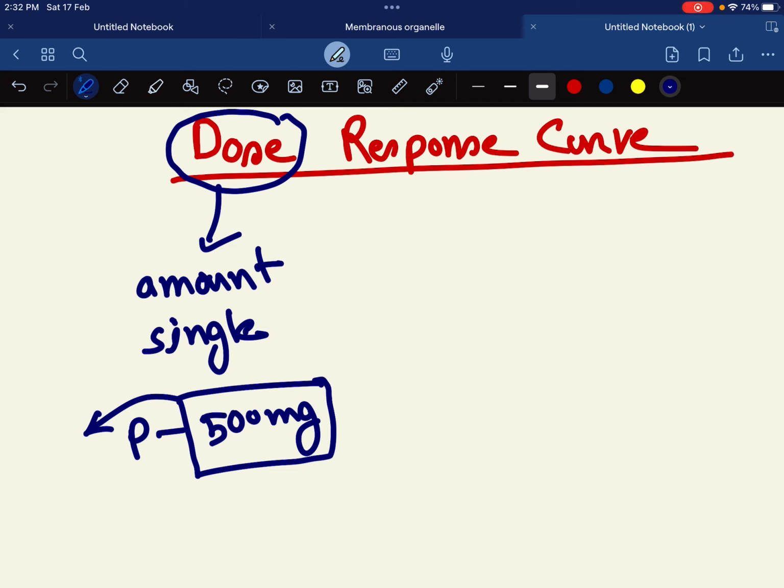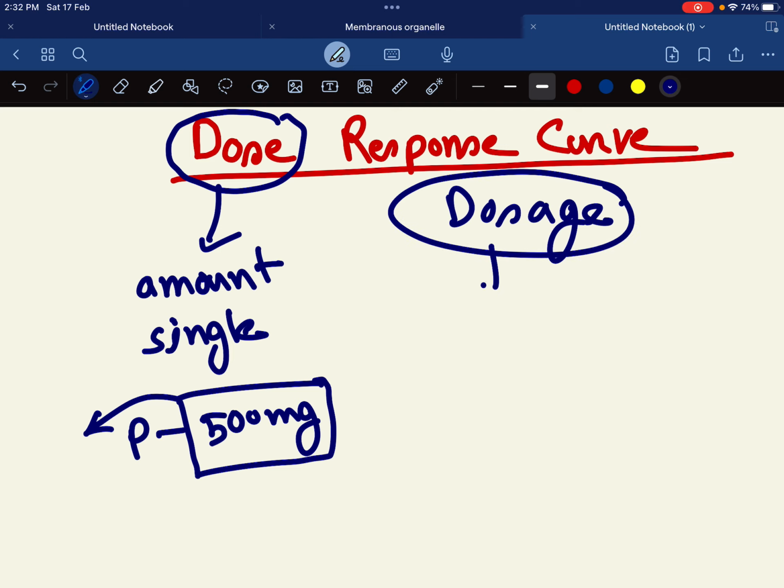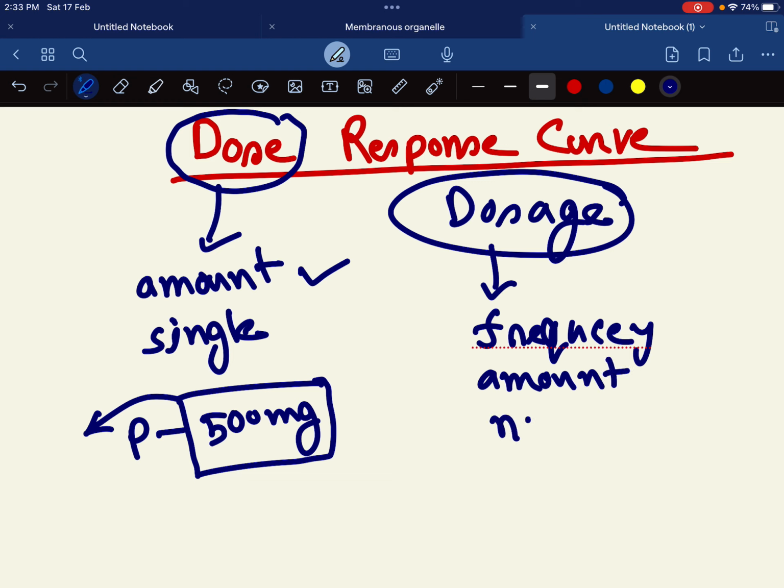Now often we find confusion between two commonly used terms, dose and dosage. So what is dosage? Dosage is actually the amount of a drug, the frequency, and the number or time duration of taking the drug.